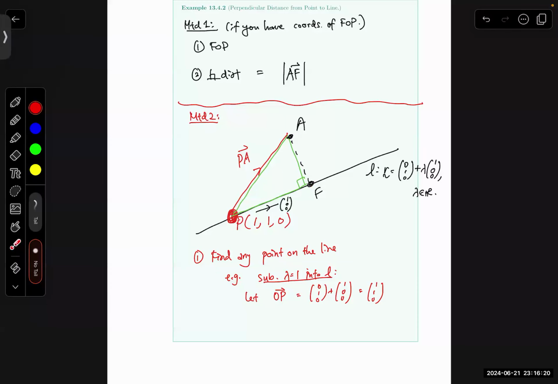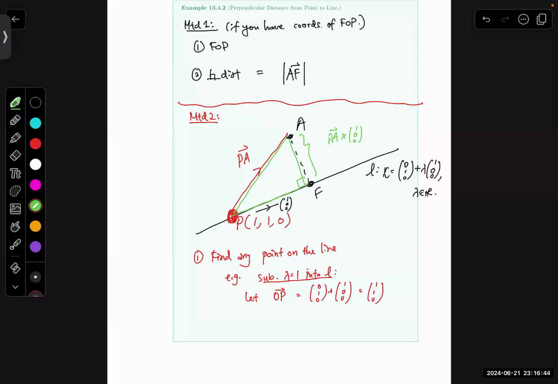That's just cross product. Dot product is smashed into the line. Cross product is the ghost, right? So the cross product gives us this. This is vector PA cross the direction of the line, vector 1, 0, 0.